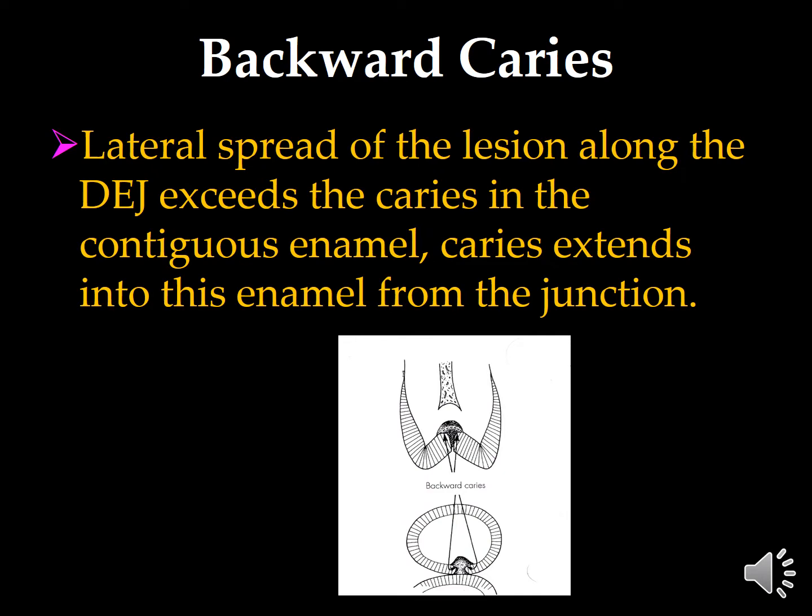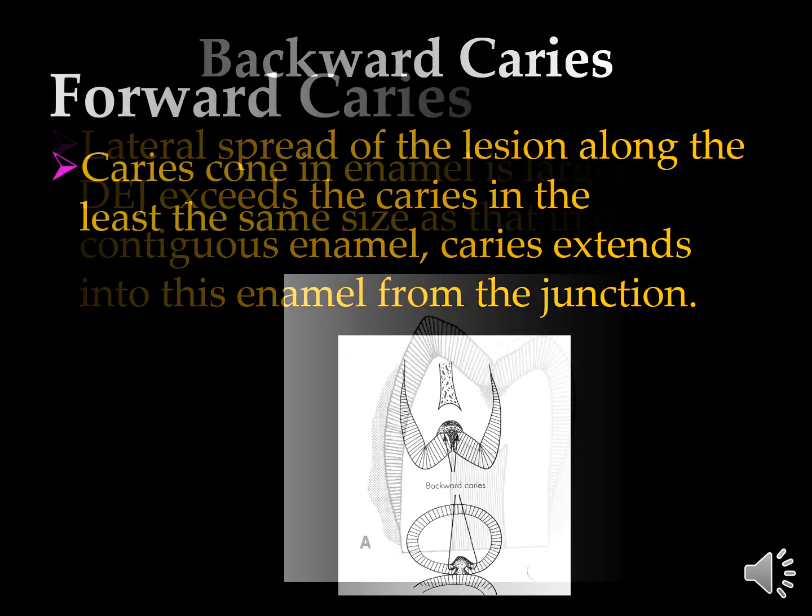Coming to the backward caries, it's a lateral spread of the carious lesion along the dentino-enamel junction. It corresponds to the pit and fissure caries, where if we see a triangle, the smaller portion is towards the occlusal aspect, whereas the base of the carious lesion is towards the dentino-enamel junction.